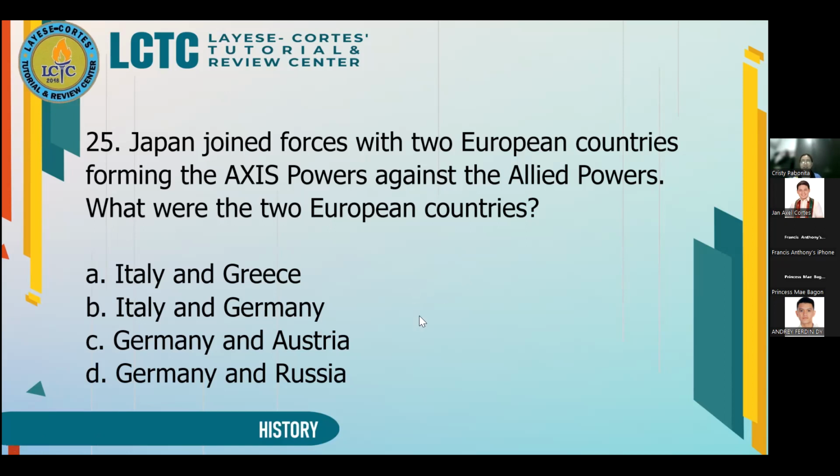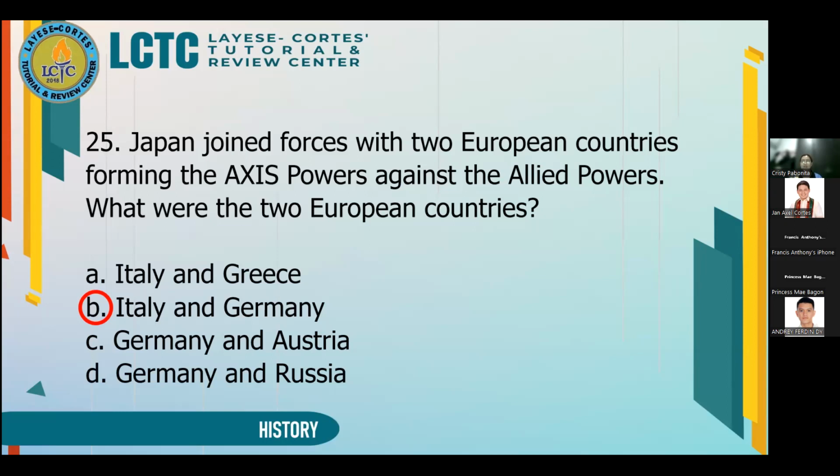Okay. Let's check. The answer is Italy and Germany. Okay, so letter B. Those are the two European countries that Japan joined forces with, and their group or faction is called the Axis, and they are against the other group, which is the Allied powers.